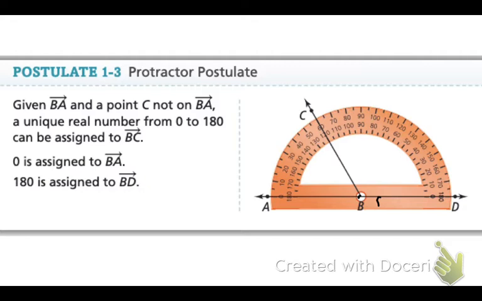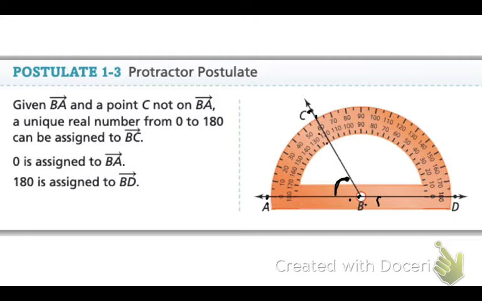So when I look at A, B, C, what is the measure of A, B, C? What's this angle measure right here? Where does it cross? 60 degrees. Now, under 60 degrees is 120.